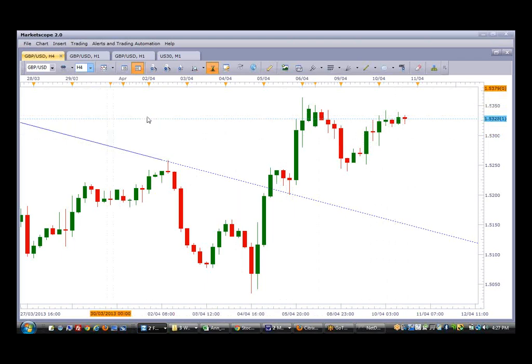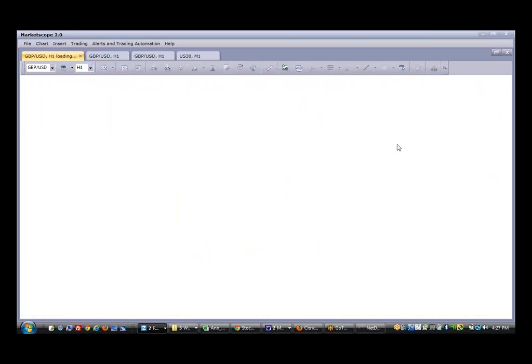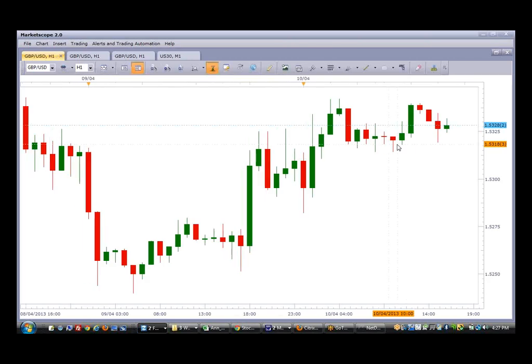On the 1-hour chart, sellers were in control here, buyers now at the moment.